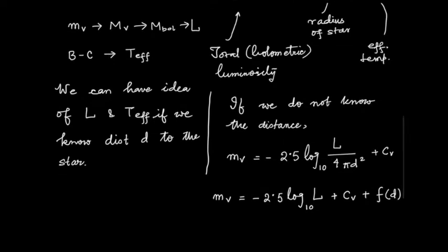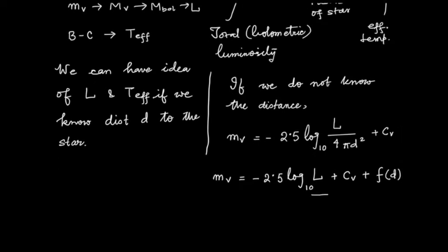So in this case, though I do not know the exact luminosity of the star, still I will be able to know the luminosity with respect to different stars, or the relative luminosity of different stars, if all those stars are at the same distance away.